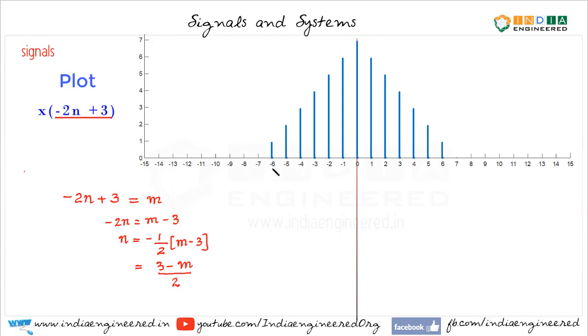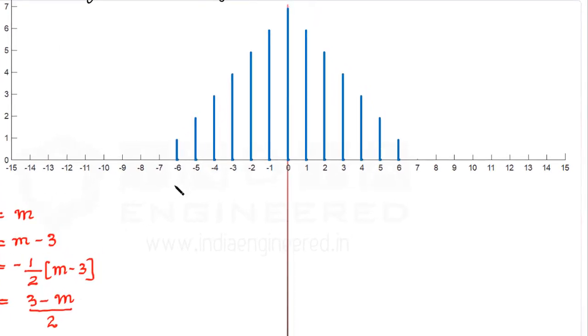Now we'll start from here. I'll just substitute minus 6 for m here. So this will be 3 minus minus 6, that is 3 plus 6 by 2, which is 9 by 2, which is 4.5. So we won't be having this in our y of n. Now let's consider this here.